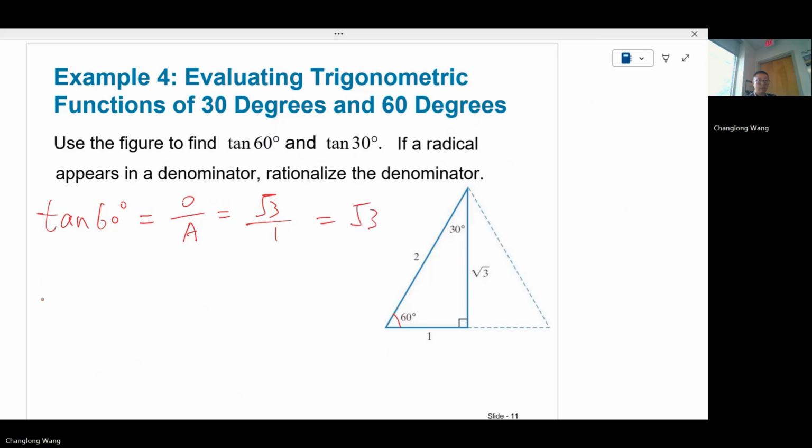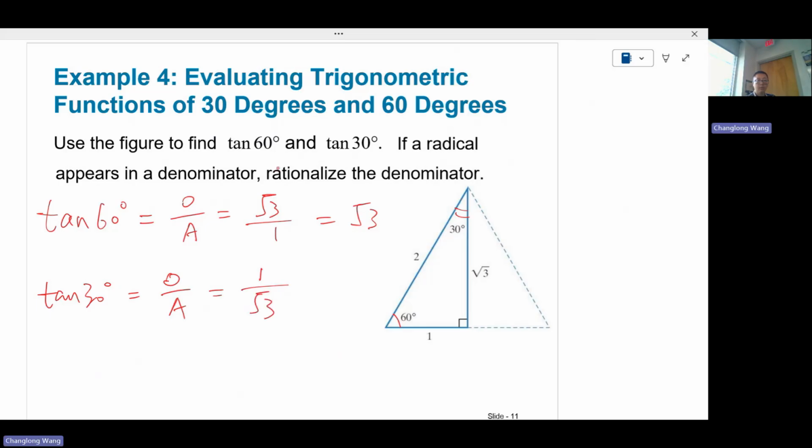Tangent 30. It's going to be the opposite again over the adjacent, but relatively speaking, the angle is different, so the opposite and adjacent are not the same. The opposite of 30 is actually 1. The adjacent of 30 is radical 3.